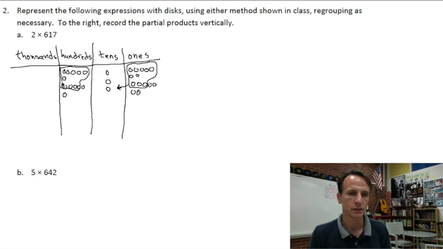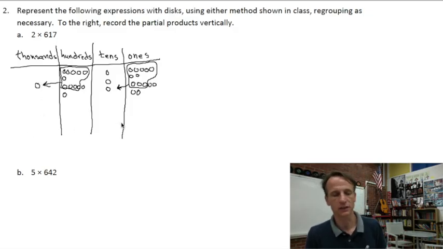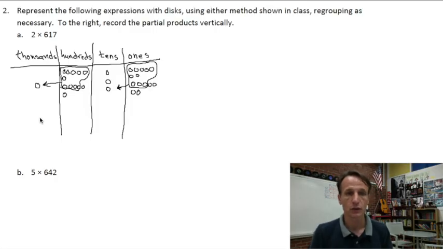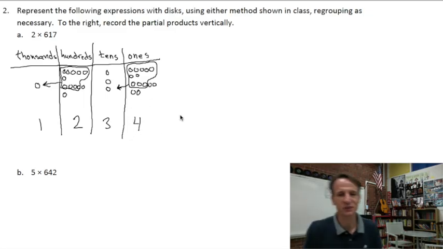There we go, 600s. So we have a total of 10 hundreds there circled, which is equal to 1,000. And now, as I like to do, I'm going to write underneath here what I'm left with. So I have 1,000, 2 hundreds, 3 tens, and 4 ones. Oh, aren't they cute? 1, 2, 3, 4.